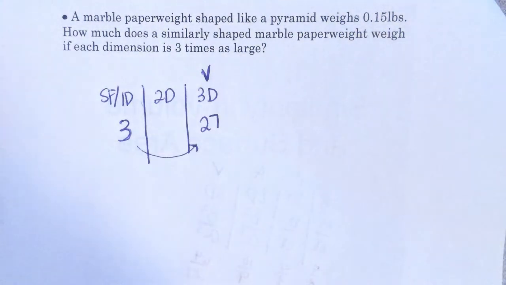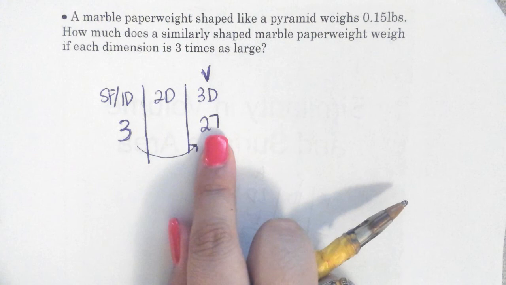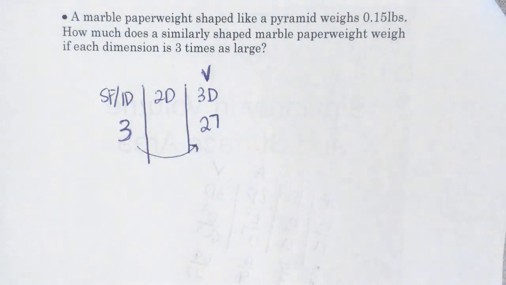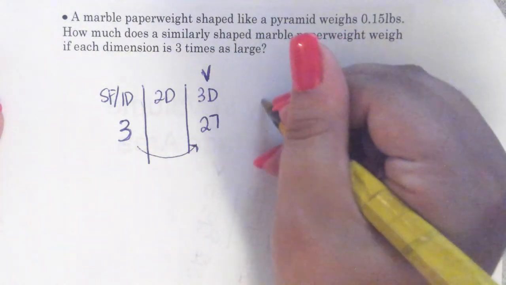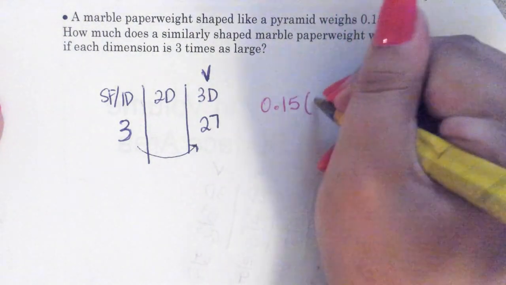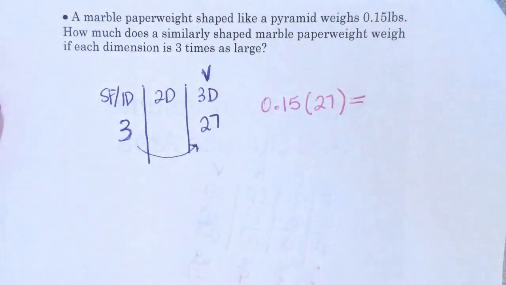Okay, so now that I know that my ratio of volumes is 27, that's my answer? No, what's my question here? I want to know what the weight of the new paperweight is going to be. So what am I going to have to do? Multiply the weight. I know my old one was 0.15, and I need to multiply it by that. So what's my new paperweight going to be?